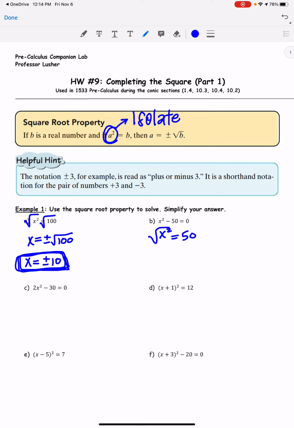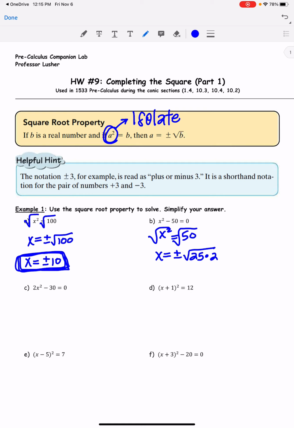So this becomes x equals, right, because your square root and your squared cancel each other, plus or minus, and I'm going to go ahead and skip a step and rewrite the square root of 50 as 25 times 2, right?